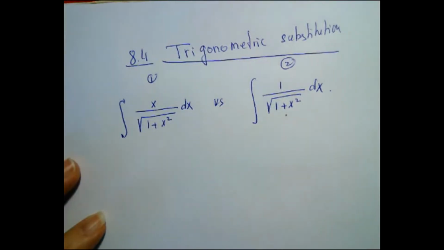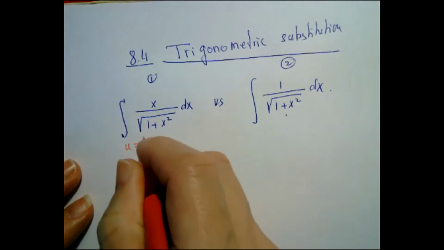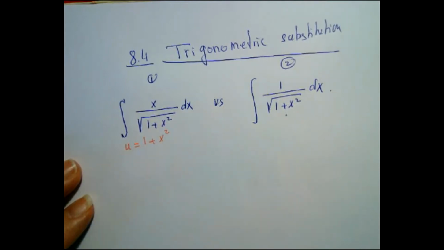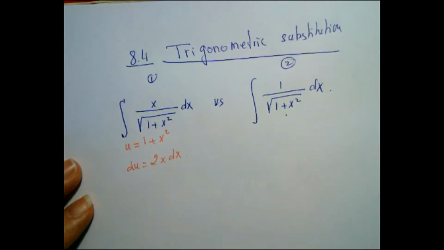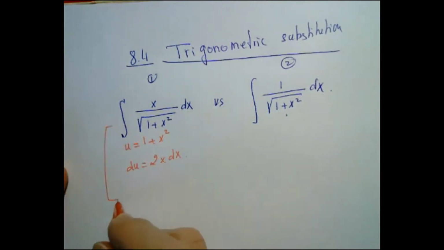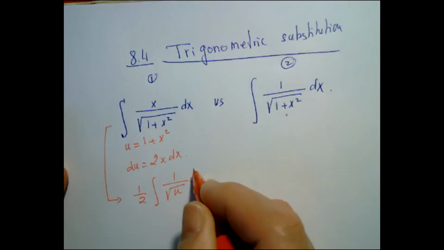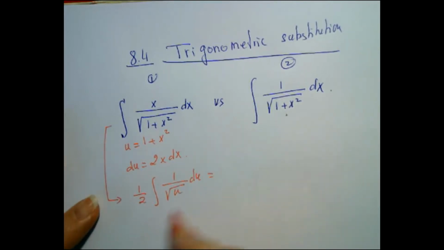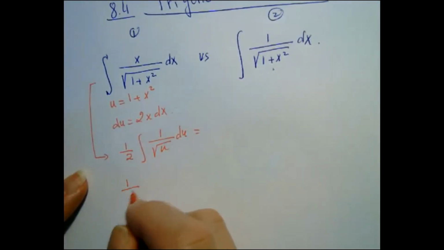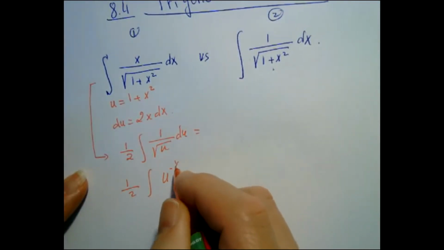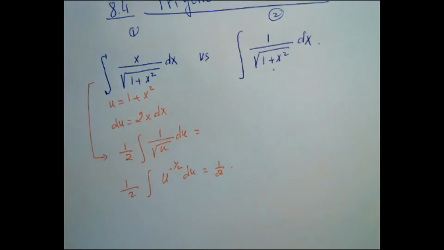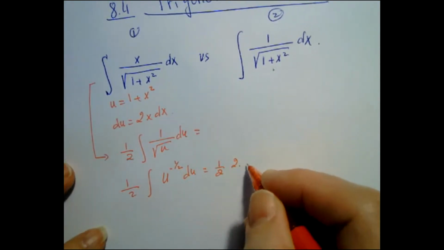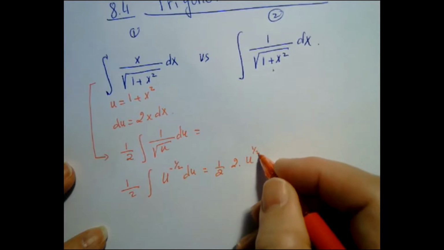The first one, we just put u equal 1 plus x squared. The du is 2x dx. I am basically done. So this will give me a half integral of 1 over the square root of u du, which will give me a half the integral of u to the minus a half du, which is a half times 1 over minus a half plus 1, which is going to give me 2 u to the power minus a half plus 1.